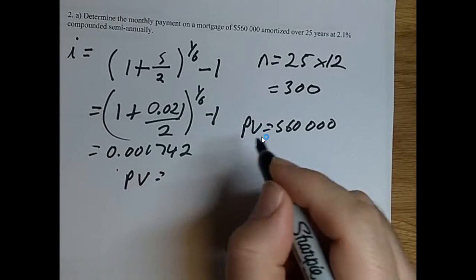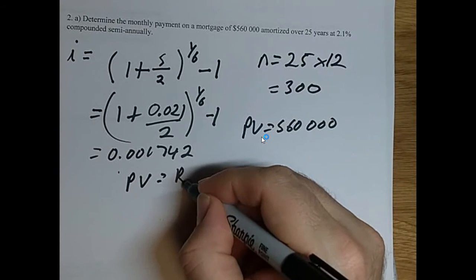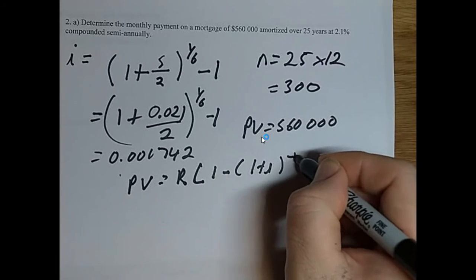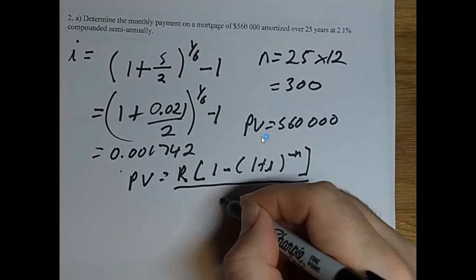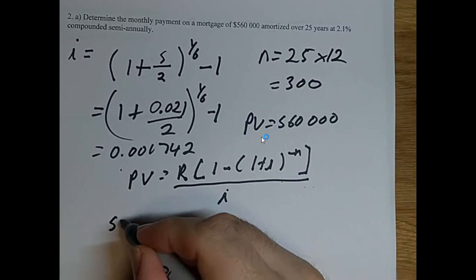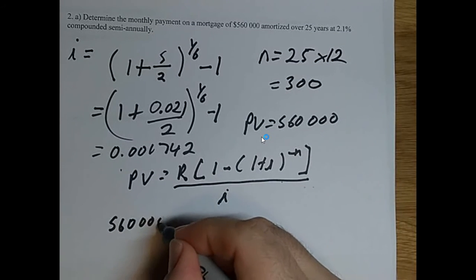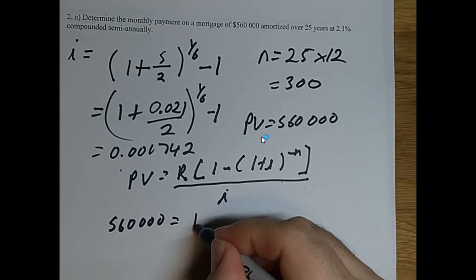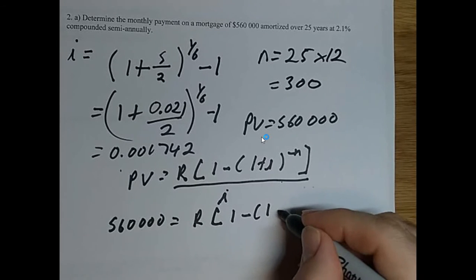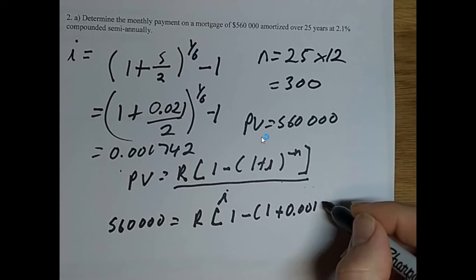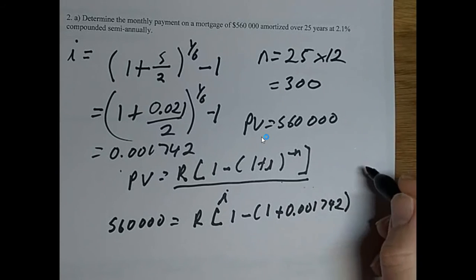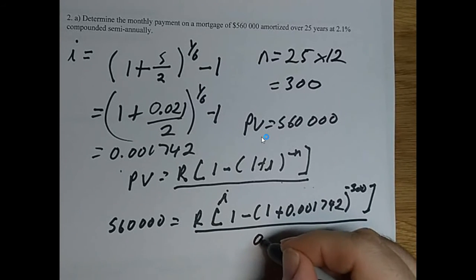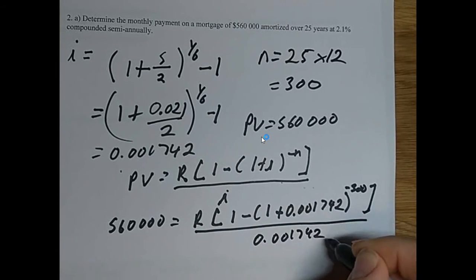PV equals R times 1 minus 1 plus I to the negative n, all over I. PV is 560,000 equals R. In here we go 1 minus, and we use that interest rate we found, that's the only difference than before, to the negative 300 all over 0.001742.